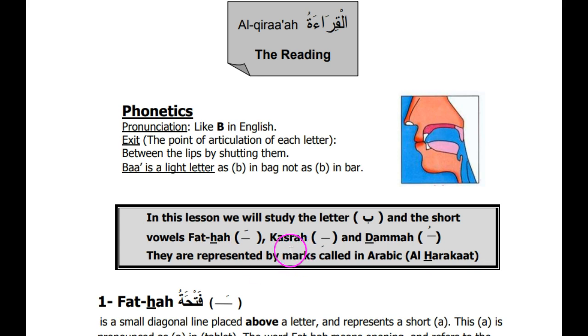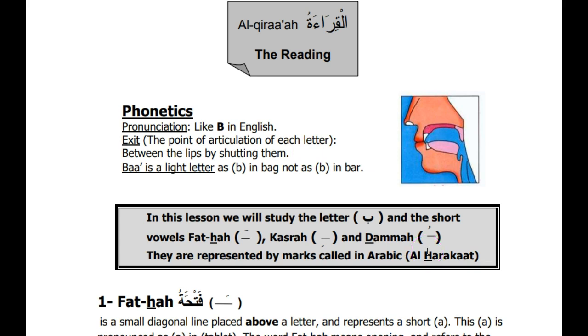Fatha, Kasra, Dhamma. Fatha is a little line on top of the letter. Just we can see it here. This is a fatha, this is a fatha. Yeah? And it sounds like a. But we will see it later on. Kasra is a little line under the letter, like here, and it sounds like e.